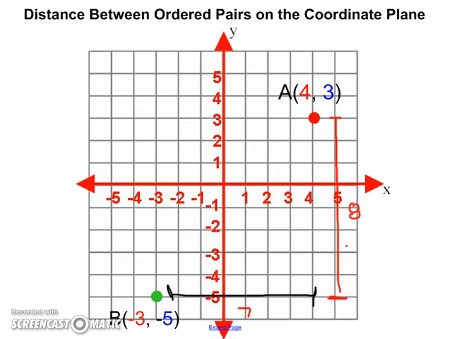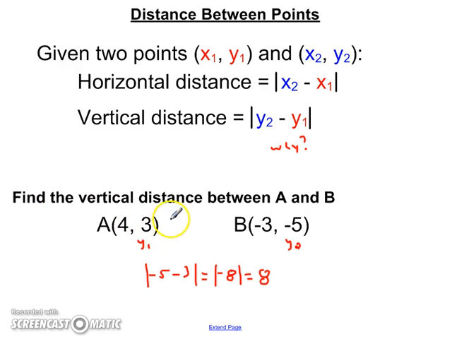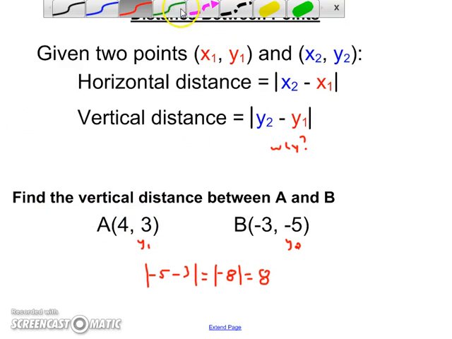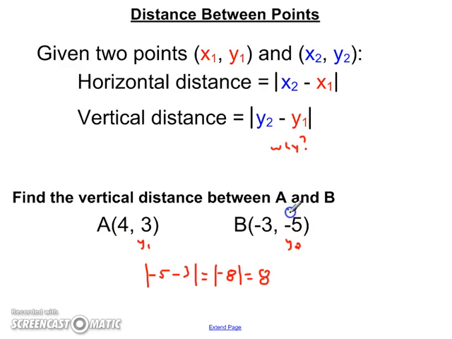Now watch one other thing though. What would have happened if I did these the other way around? What would have happened if I had let this be y1 and this be y2? If this is y2, 3 minus, because I'm subtracting, my y1 then would be a -5.